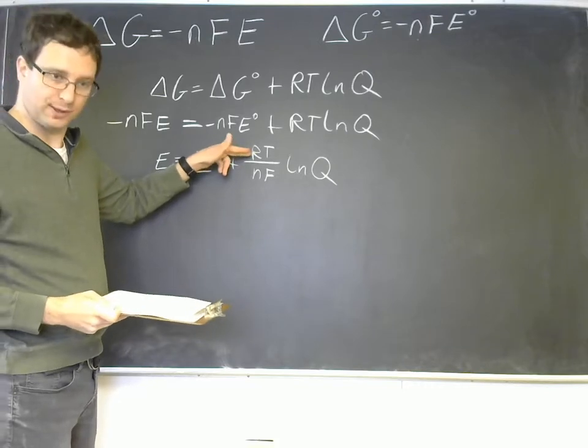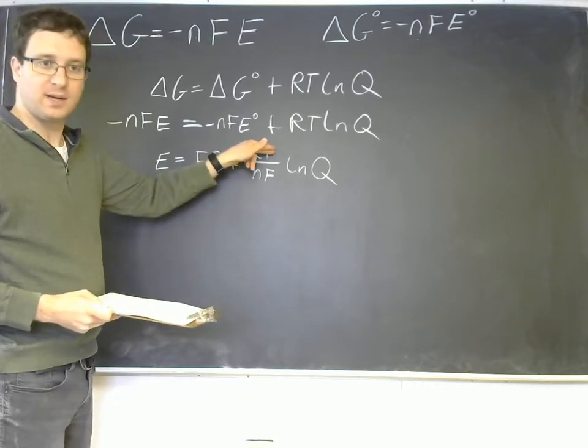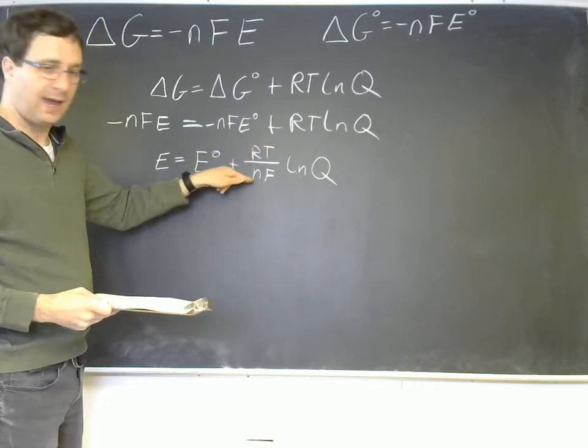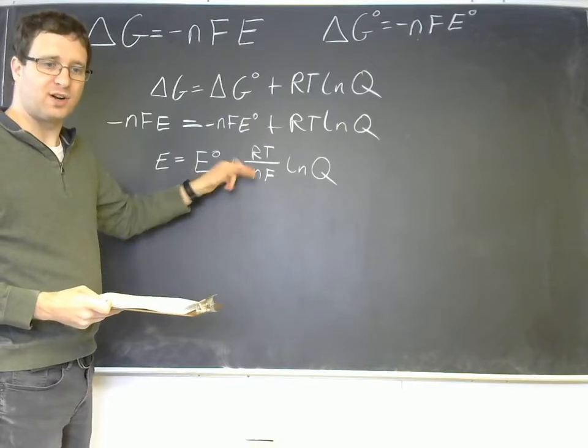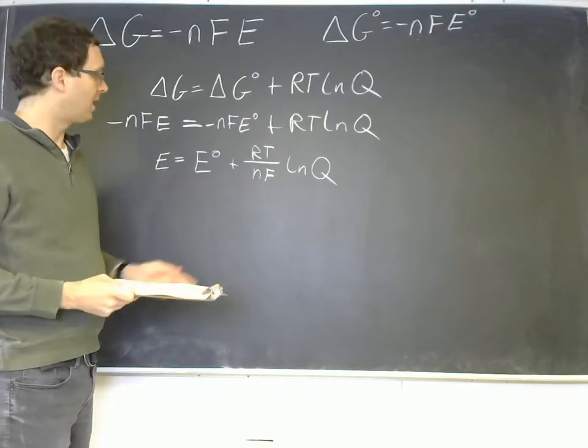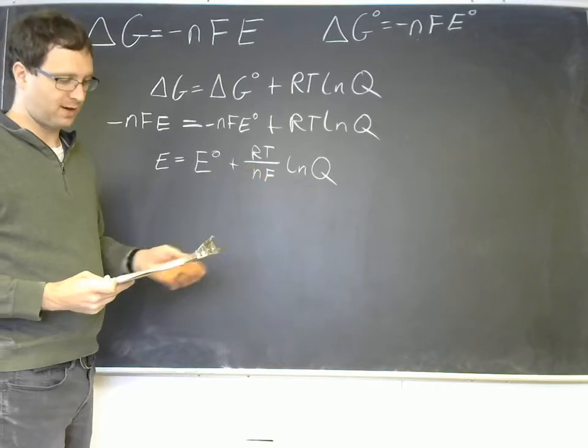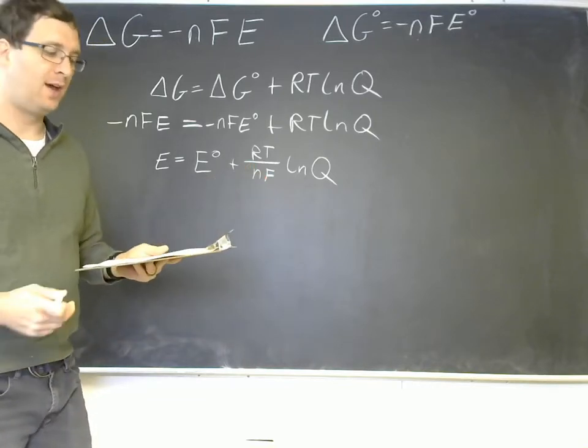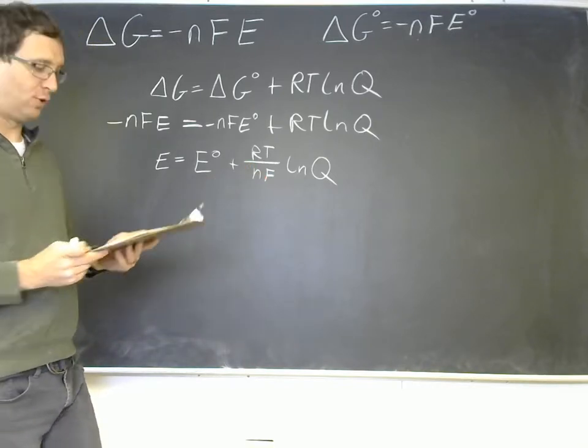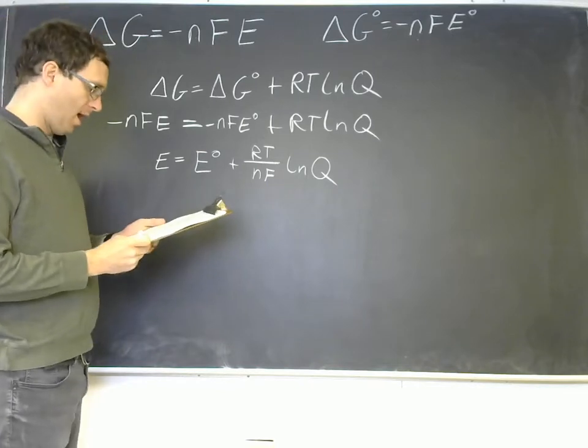T must be in Kelvin. n, again, is the number of electrons transferred in a cell. F is Faraday's constant, 96,485 coulombs per mole. And this is called the Nernst equation.